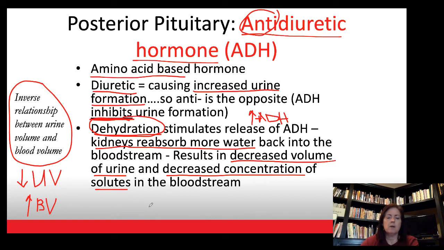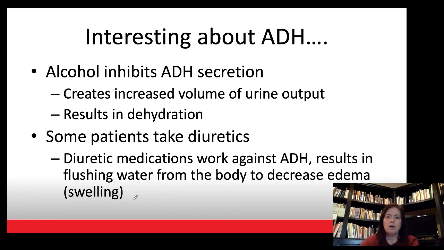Okay. A couple other conditions where we see ADH playing a role. I thought this was interesting. Alcohol actually inhibits the secretion of ADH. So alcohol decreases ADH secretion, so we're going to end up seeing an increased volume of urine when you drink alcohol, which is why if you drink alcohol, you may notice that you have to pee a lot.